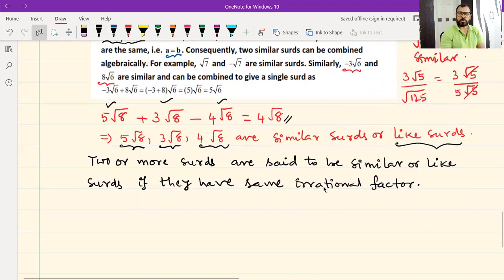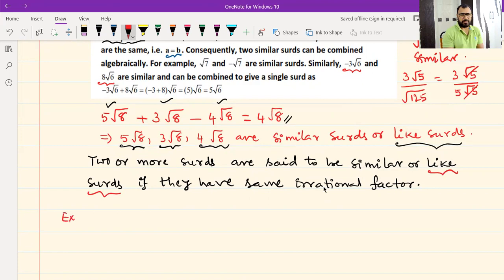So two or more surds are said to be similar or like surds if they have the same irrational factor.